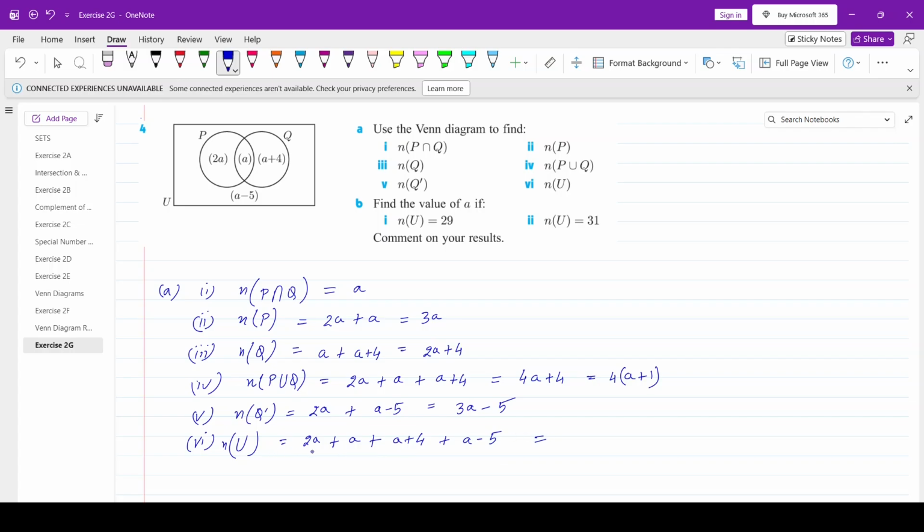So this is going to be 2a plus a is equal to 3a plus a is equal to 4a plus a is equal to 5a. Now 4 minus 5, that is going to be minus 1. So this is our answer.